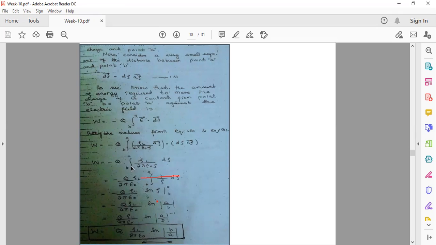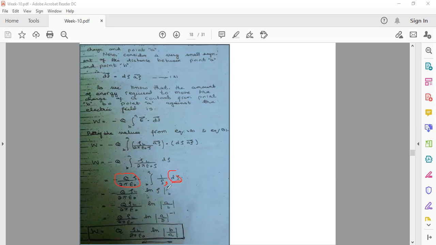Now, applying the integration of a rho, keeping these outside the integration because these act as constants for rho. Only rho is the variable, so the integration is applicable with respect to d rho.